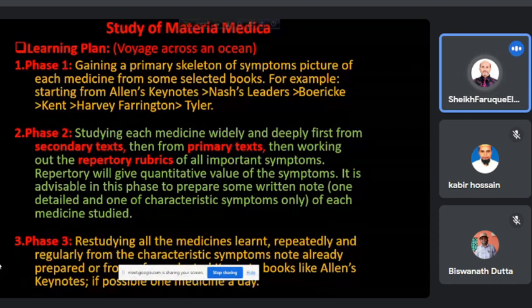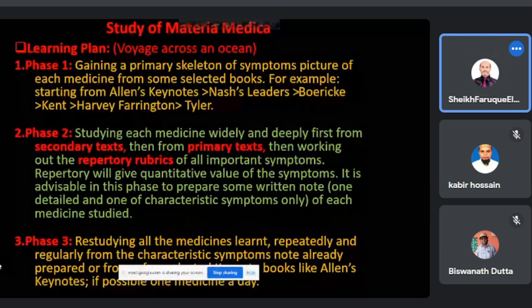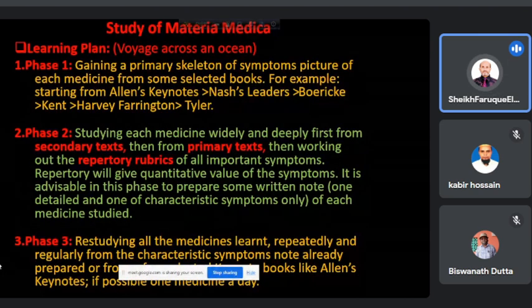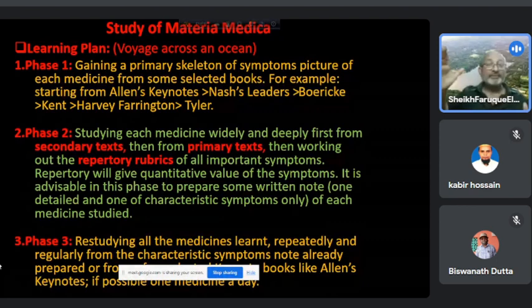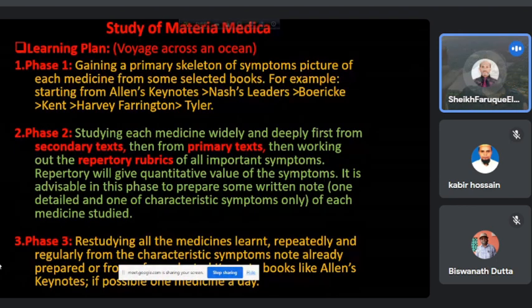I'm not going to tell it here. 200 large remedies, big remedies. At least 150 medium remedies. And another 100 small remedies. Large remedies, medium remedies, small remedies. So 300 to 500 remedies should be in your hold.